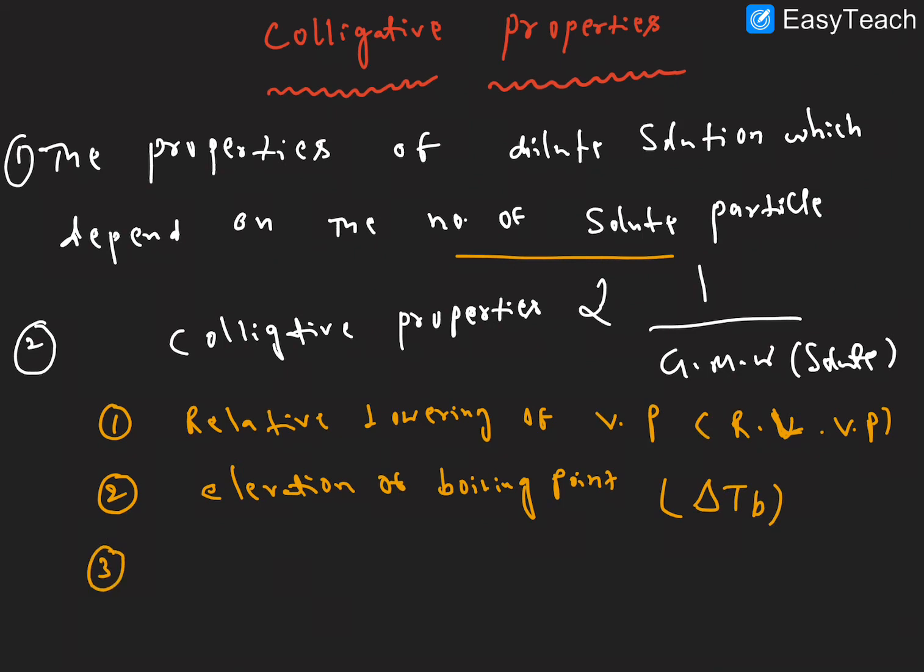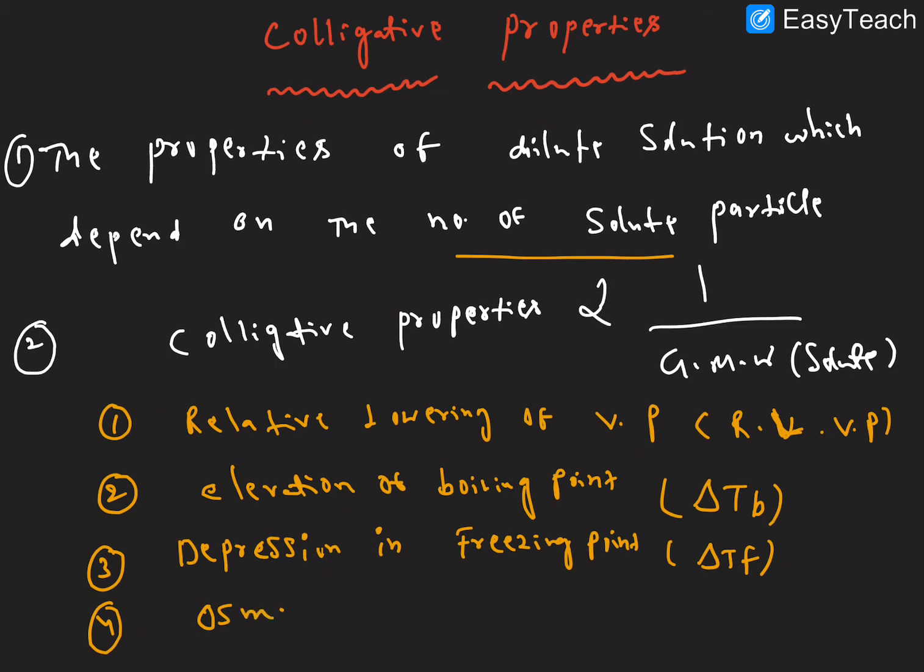The third one is depression in freezing point, indicated by delta TF. The fourth one is osmotic pressure, indicated by pi.